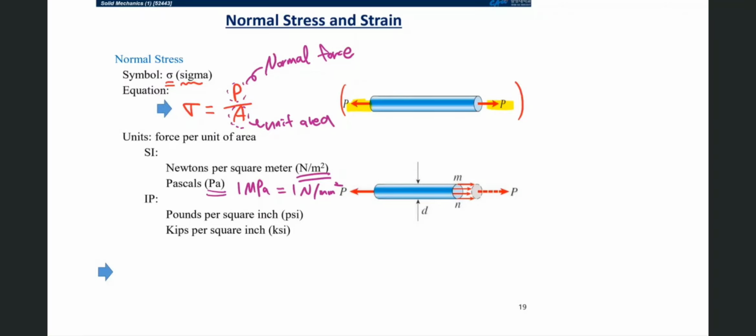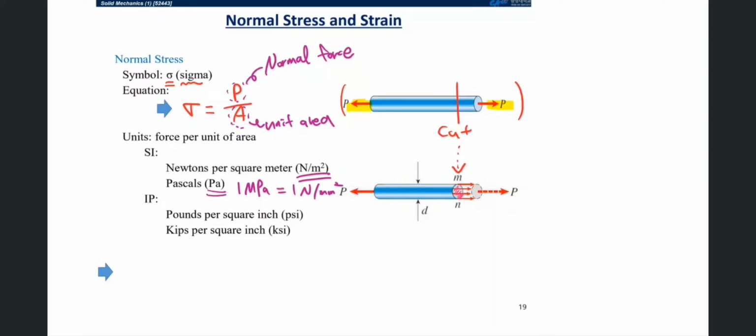We can cut one side of this bar structure, and the stress acts in the direction perpendicular to the cut surface. This is referred to as normal stress.